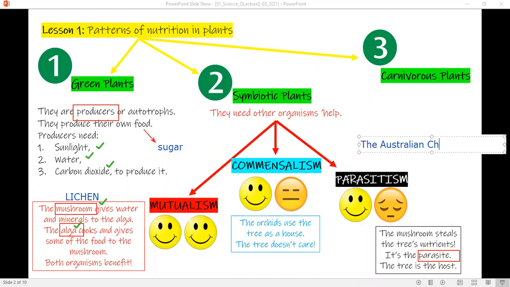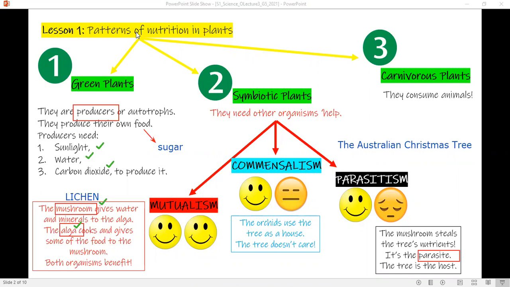It goes through photosynthesis to produce its own food, but this food is not enough. So the tree needs to get food somehow. It steals, it absorbs the nutrients of green plants in its surrounding, in its environment. So it is harming the green plant around it.